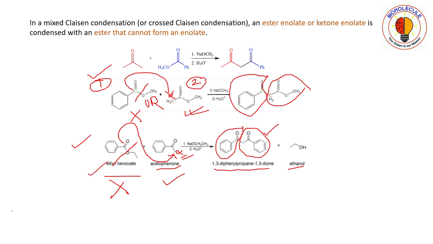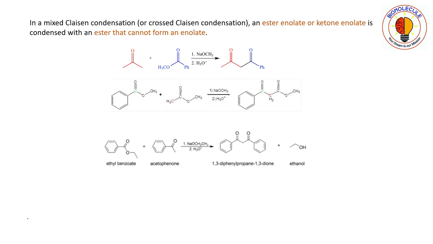Now look over here. If you see, it has an active methylene group. Since it contains an active methylene group, it can undergo a Knoevenagel type condensation reaction.